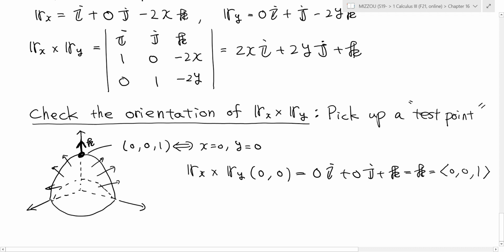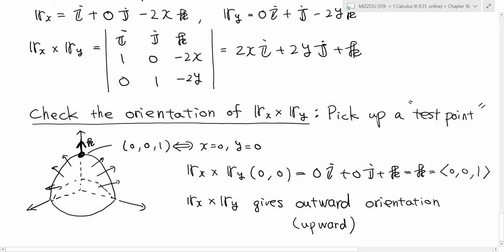So therefore, this one gives outward or upward, whichever language you prefer, outward orientation.